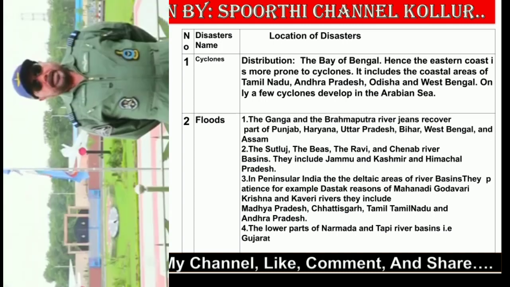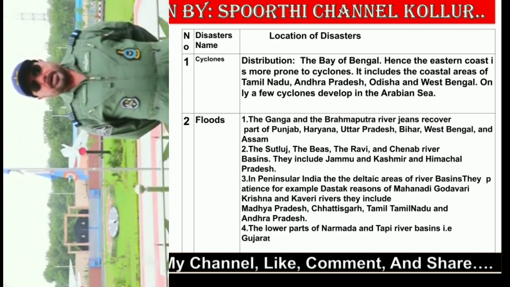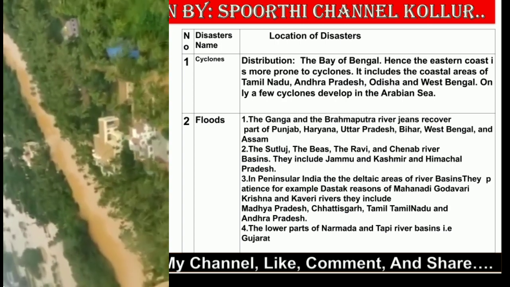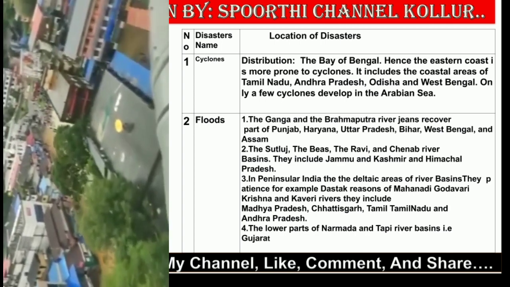They include Madhya Pradesh, Chhattisgarh, Tamil Nadu and Andhra Pradesh. Fourth one, lower parts of Narmada and Tapi river basins, for example Gujarat.